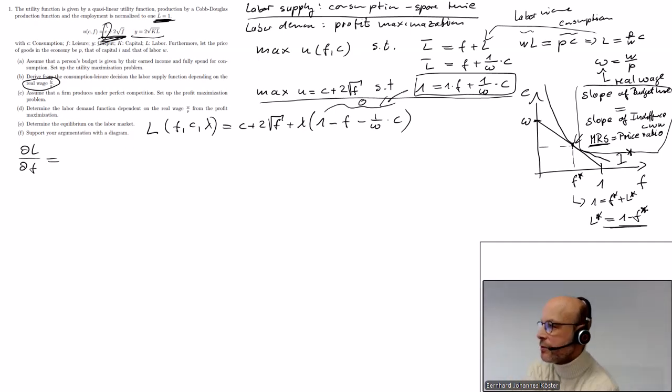So for this you have to know what is the derivative of f of x equals square root of x. F of x, square root of x, what is f prime?